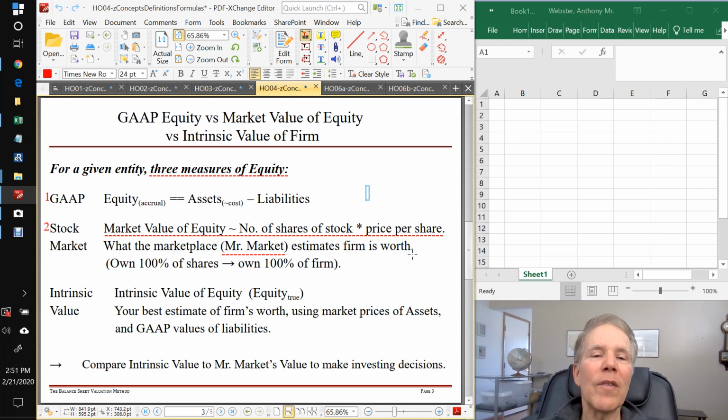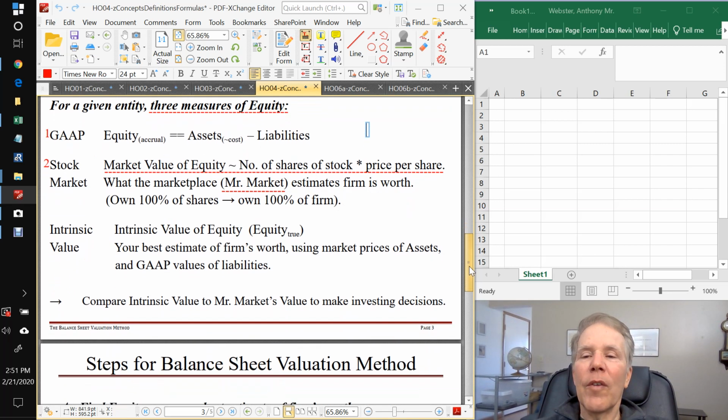That's sort of a wisdom of crowds estimate. On average, everyone who's active in this company, owning a piece of this company, that's the weighted average view of everybody. And if we could buy all the shares of stock, we'd own 100% of the firm.